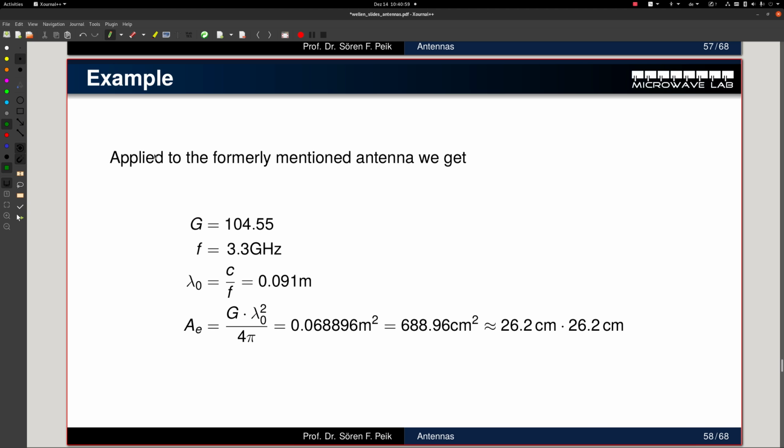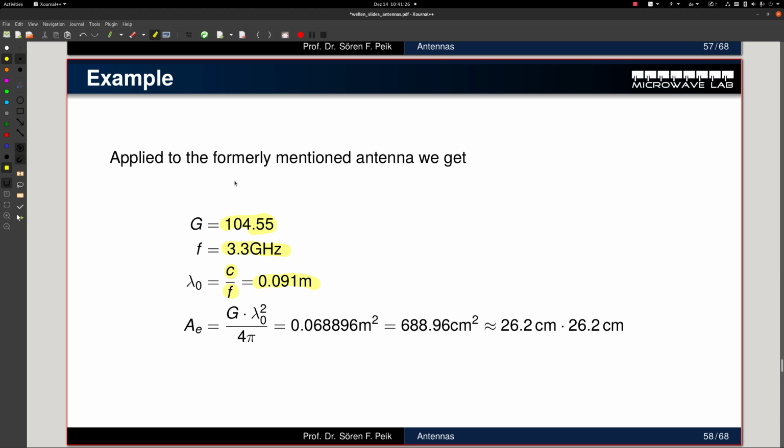Well, let's have an example here. From the antenna I showed you last week, we remember we had a gain of 10^4. This antenna operates at 3.3 gigahertz. From that we can easily calculate lambda naught is c over the frequency, which is 0.091 meters.